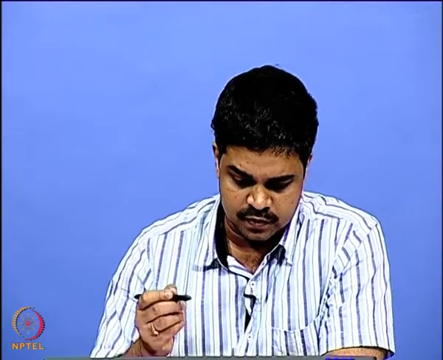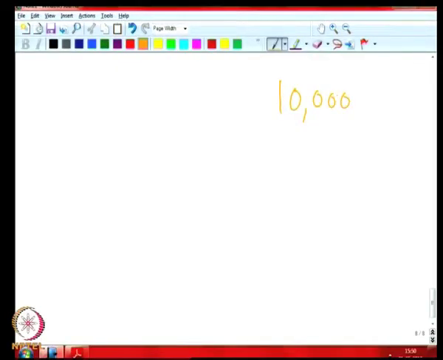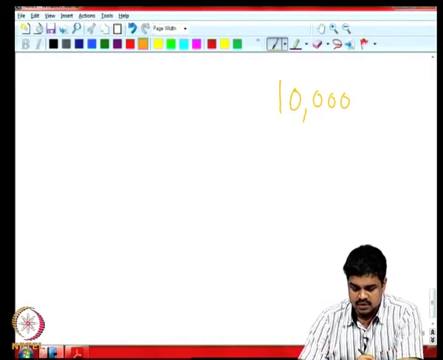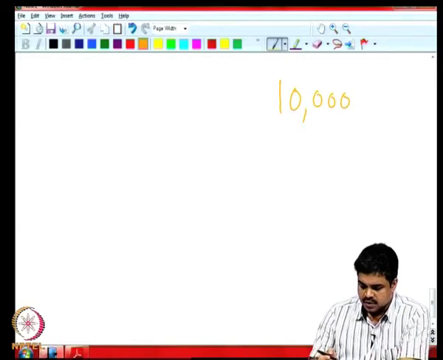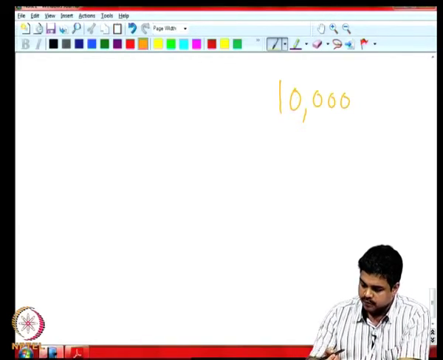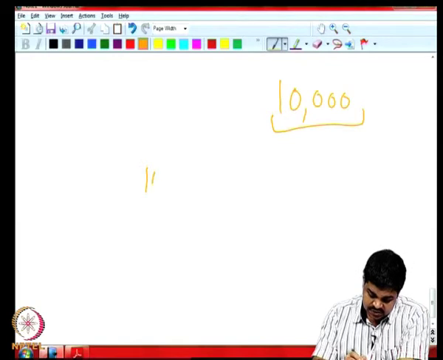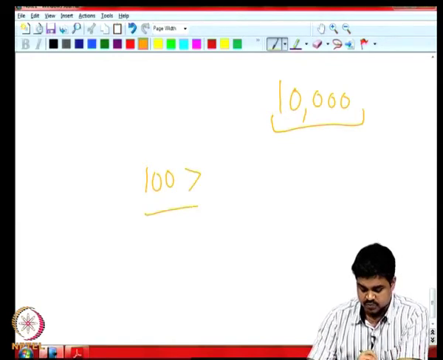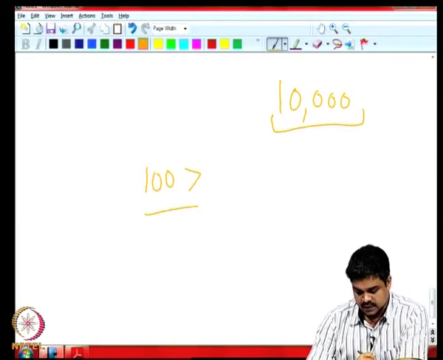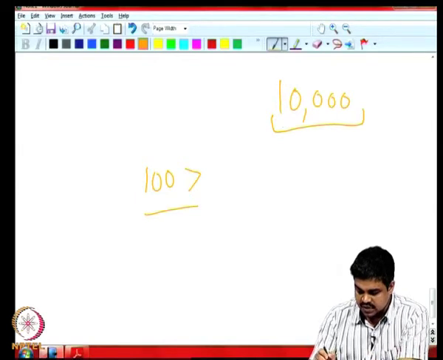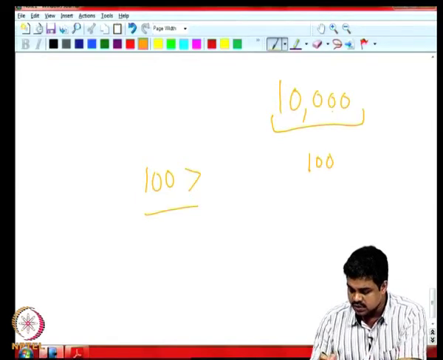Sometimes it can be useful, for instance, you can consider 10,000, right, and then you ask a school kid to write down all the divisors of 10,000 which are greater than 100. 100 is the square root of 10,000, right.